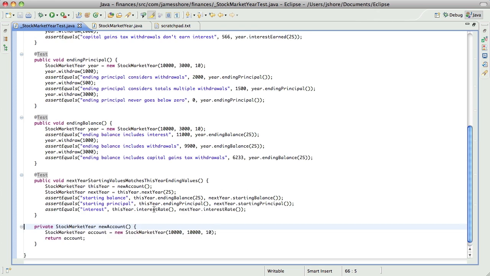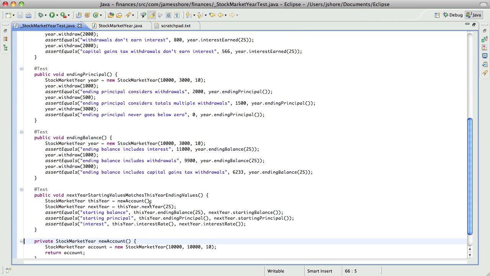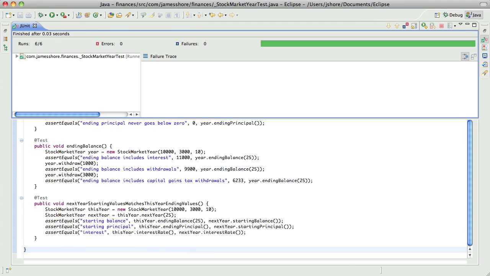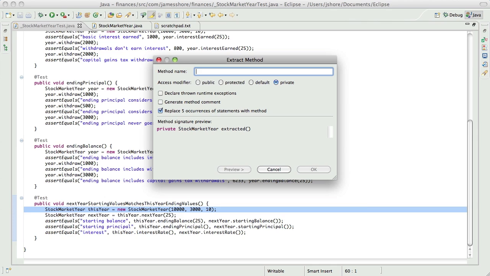The last thing we need to do is fix this up so it's all using the same values, which means our starting principal, well, that doesn't actually change anything there. Yeah, there we go. That's not actually in use, but now we can extract it.